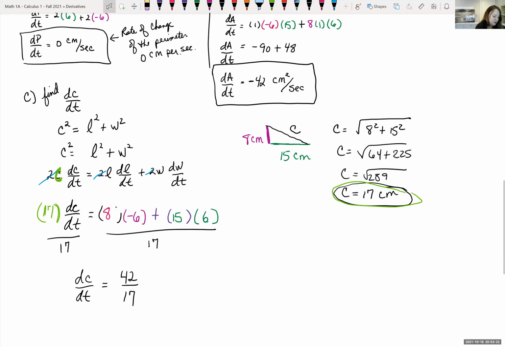Or it goes in 2 times, it might make more sense. So 2 times 17 is 34, that would be 8/17. And its rate of change, and it looks like it's positive. So that diagonal is growing at a rate of change of 2 8/17 centimeters per second.